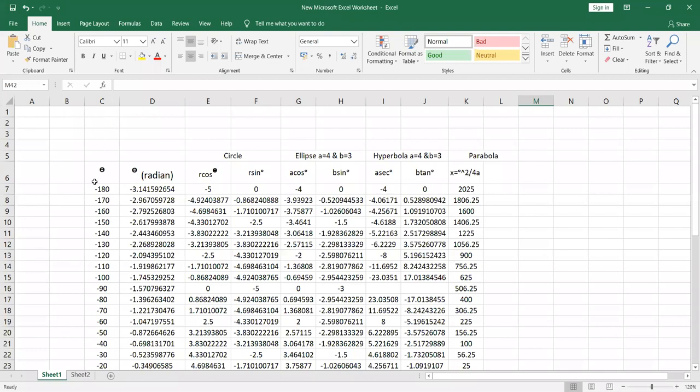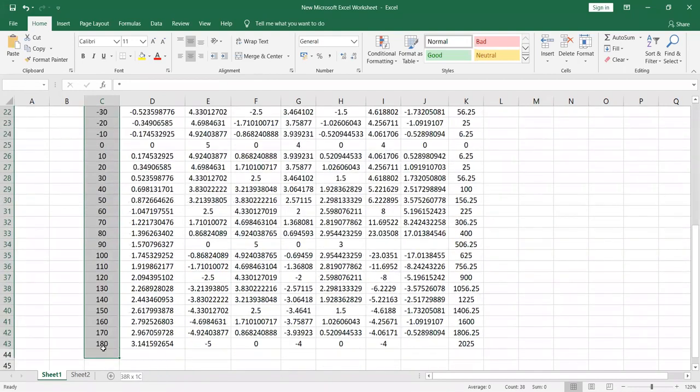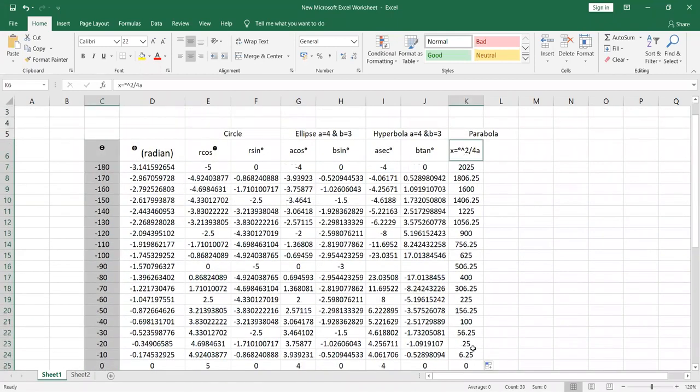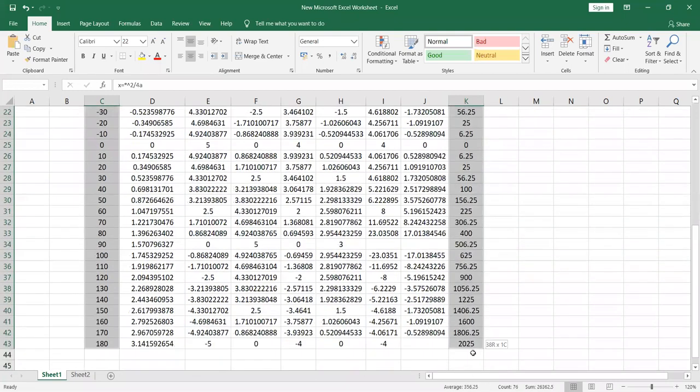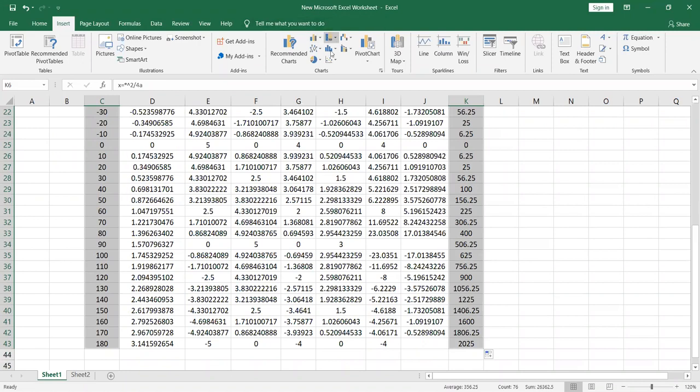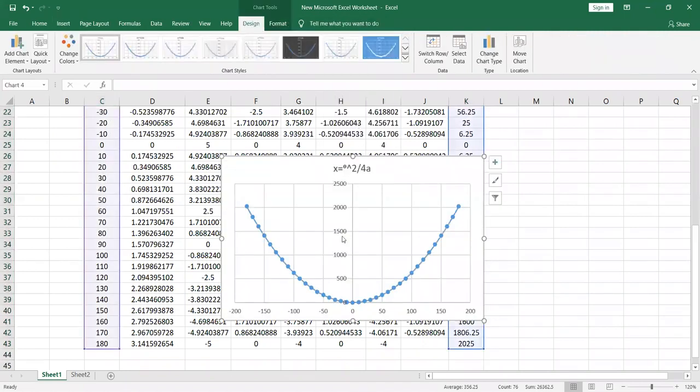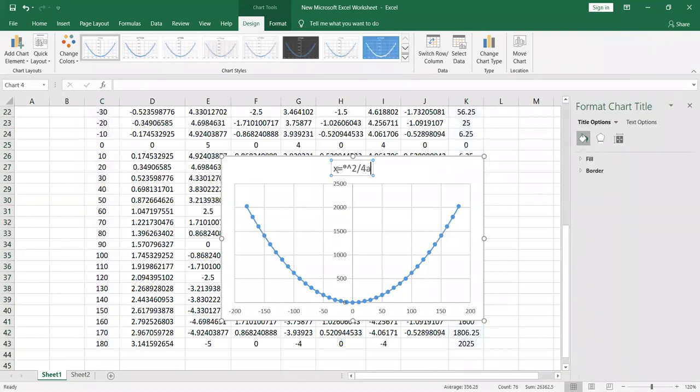For that, just select the column of angle in degree and the column of parabola, this column. Again follow the same procedure, insert, then charts, scatter, and in scatter you have to select this graph, and this is the graph of parabola.